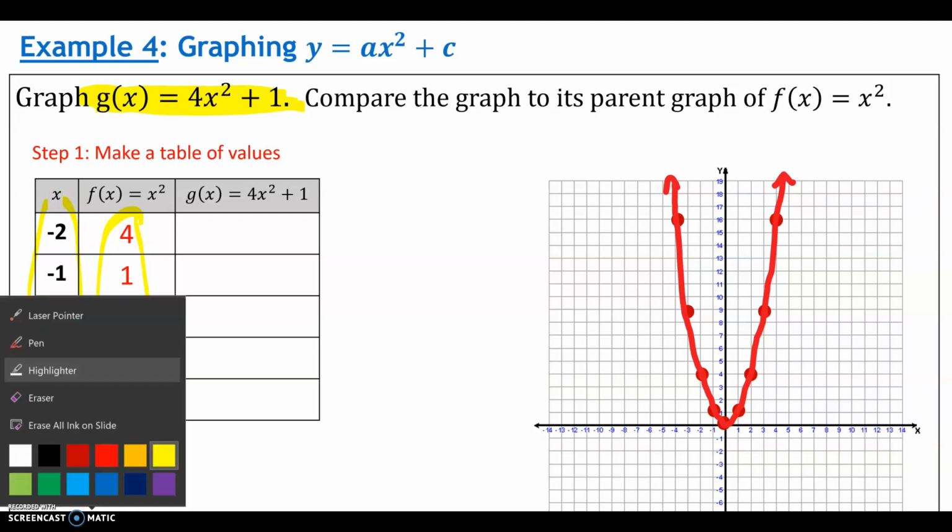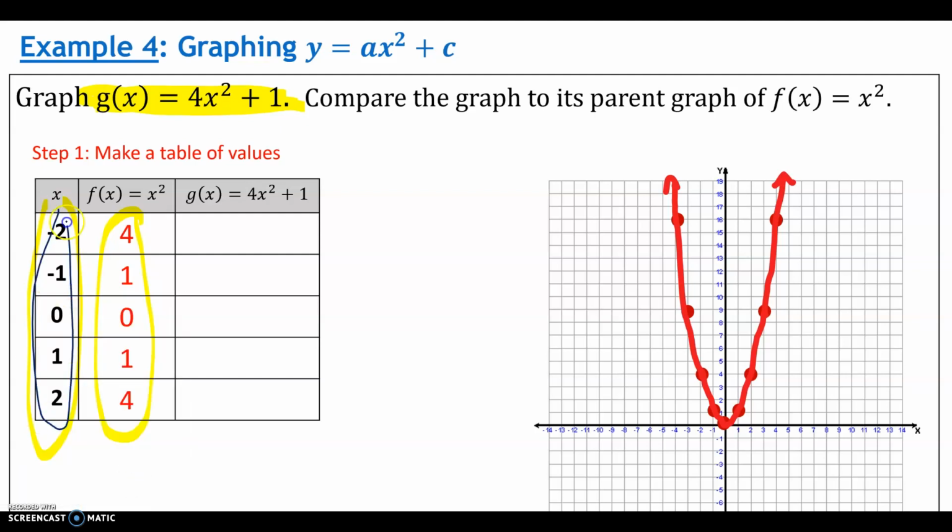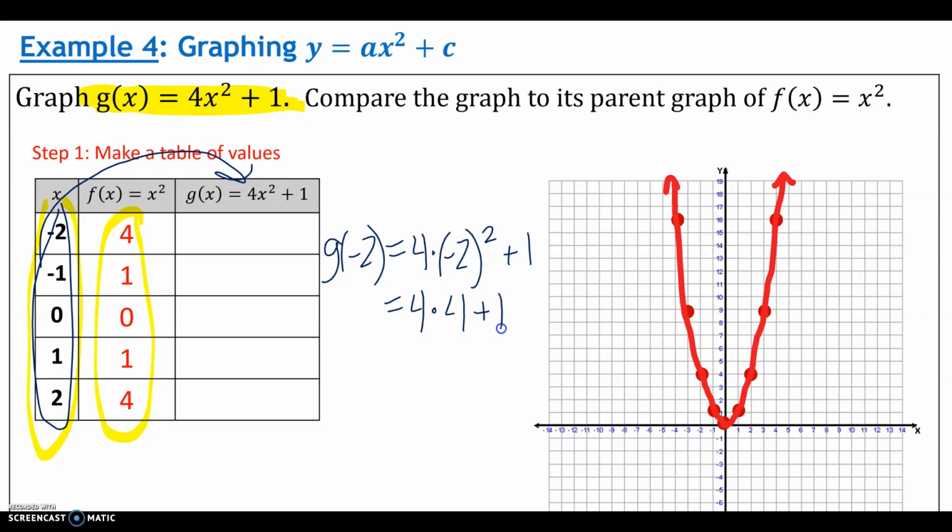So we're going to do the exact same thing with these values, but now we're going to plug them into g of x. You only have to do half of these because by definition of symmetry, you should know what the other ones would be. So let's do g of -2, and remember PEMDAS applies here. We need to do the exponent first.